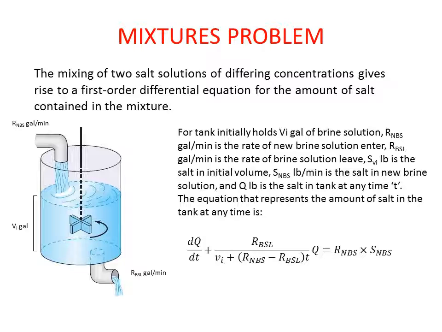RNBS, rate of new brine solution entering, is again a fixed value, minus RBSL, rate of brine solution leaving, times t. T is the time, it is specific, so it is again a constant.